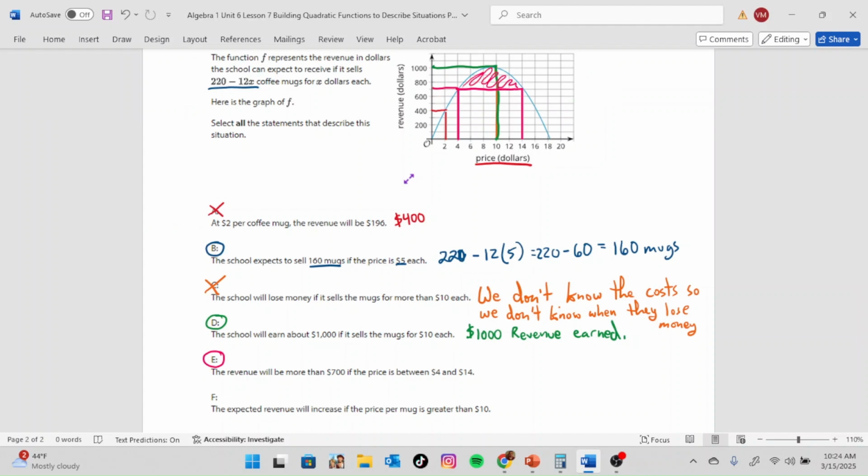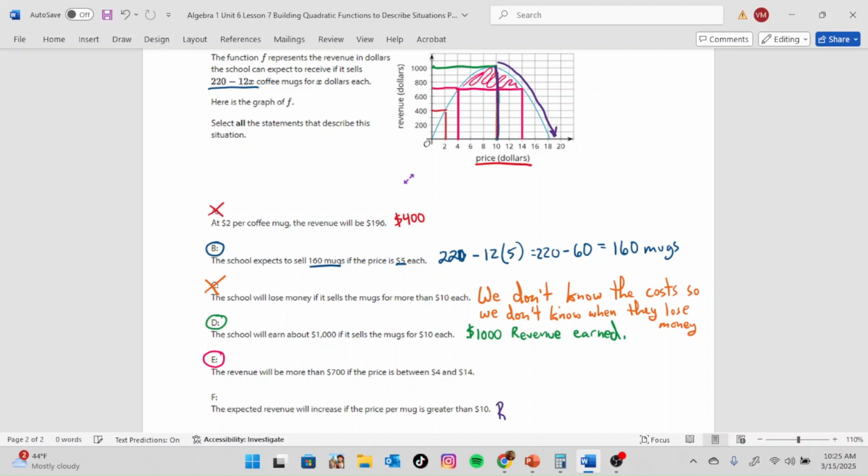And choice F, the expected revenue will increase if the price per mug is greater than $10. Well, we said when we looked at $10, everything beyond that, we see the revenue going down.